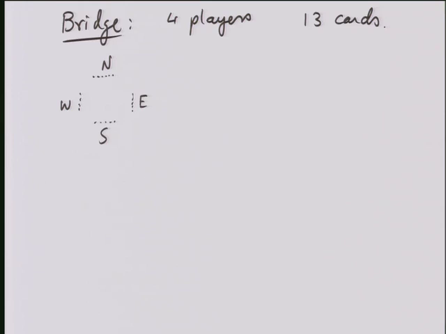Well, we've dealt out 13 cards to West, but it doesn't matter in which order you dealt them to him. What matters to West is what the 13 cards are as a set, not as a sequence. Similarly, you have dealt 13 cards to South, but what matters is the set of 13 cards.